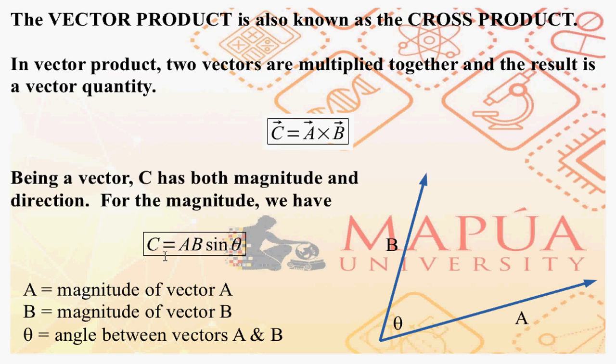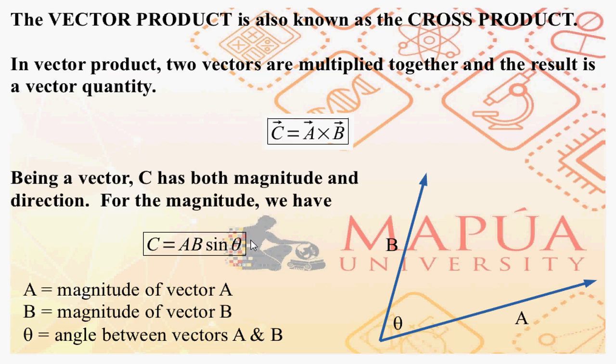Magnitude C is just equal to magnitude of vector A times magnitude of vector B times sine of the angle between vector A and B. That will give you the magnitude of vector C. This equation will always give you a positive answer, as it should be, because the magnitude of a vector should always be positive.